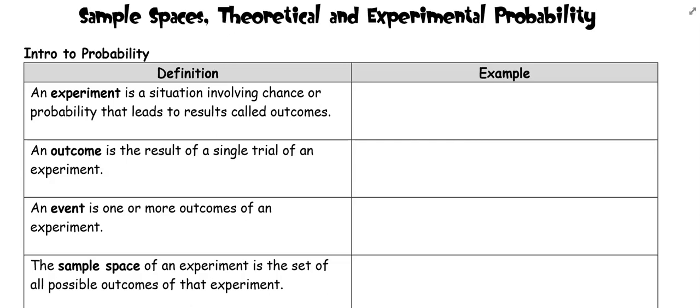An experiment is a situation involving chance or a probability that leads to results called outcomes. An example of an experiment could be flipping a coin. It could be spinning a wheel.